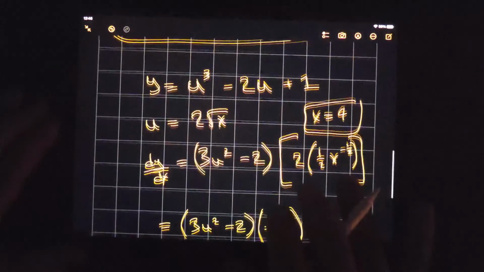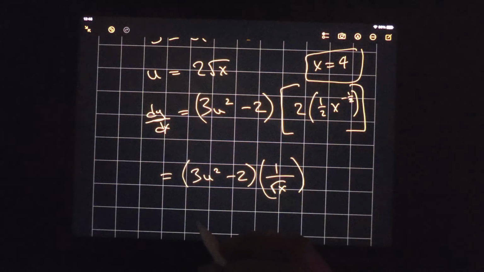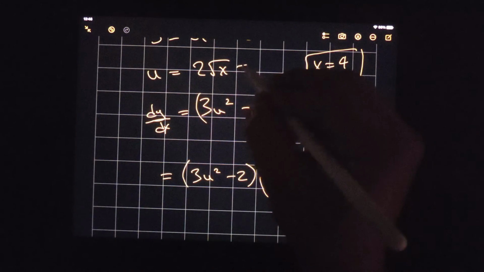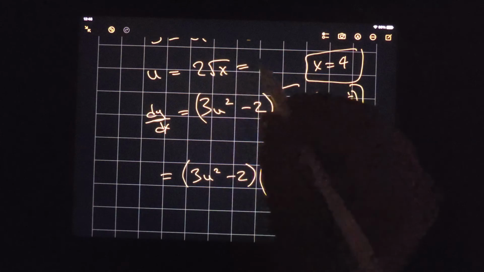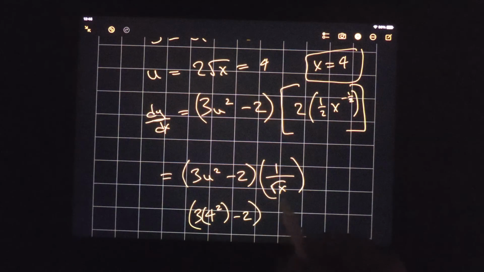So x is equal to 4 and u is equal to 2 root x. If you plug 4 into that, the square root of 4 is 2, 2 times 2 is 4, so u is equal to 4. And 1 over root 4 is 2.